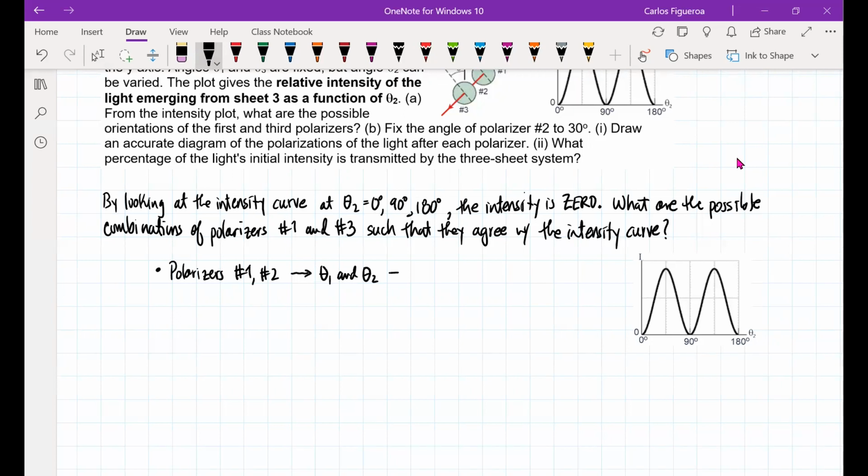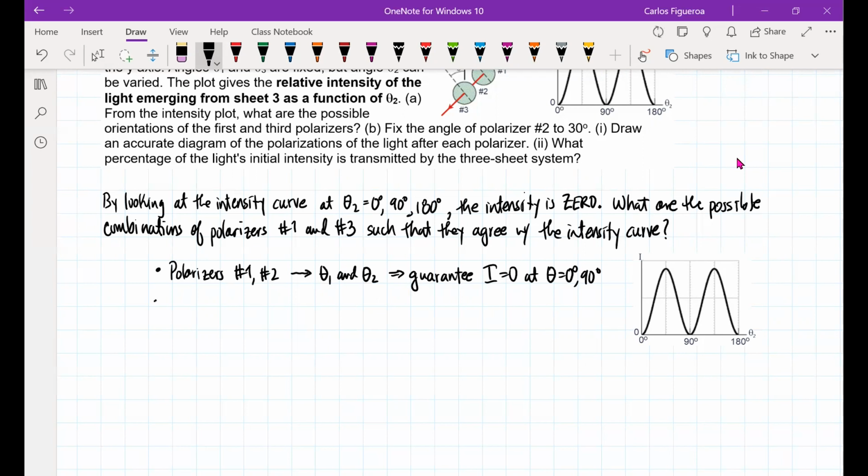So these two have to guarantee intensity equal to 0 at theta 2 equal to 0 degrees and 90 degrees. The third one hasn't even come into play.